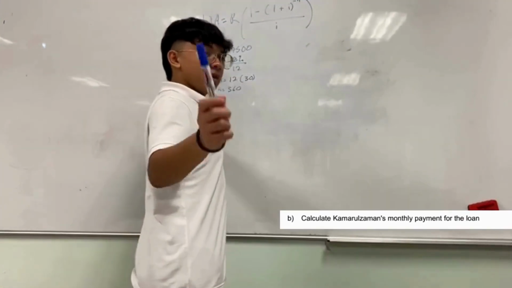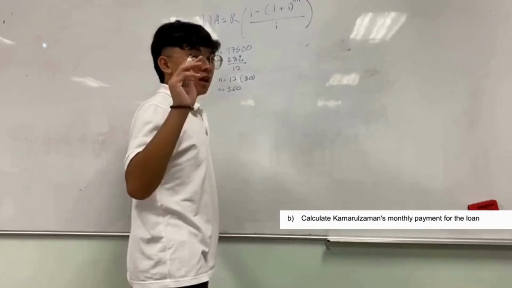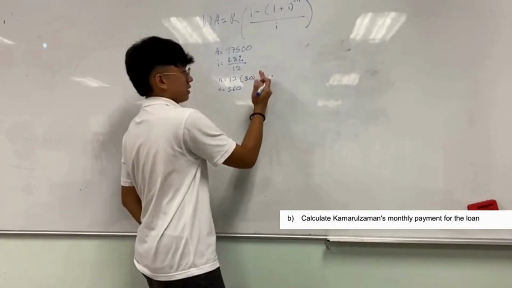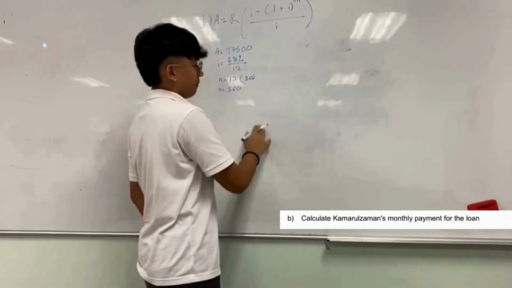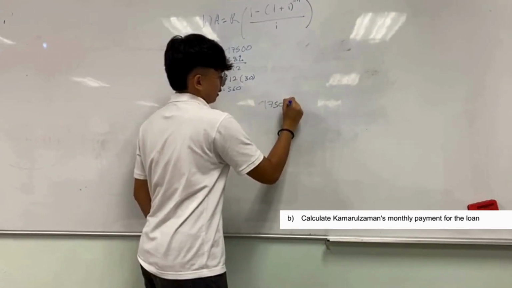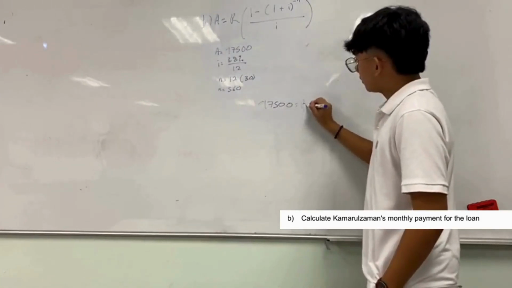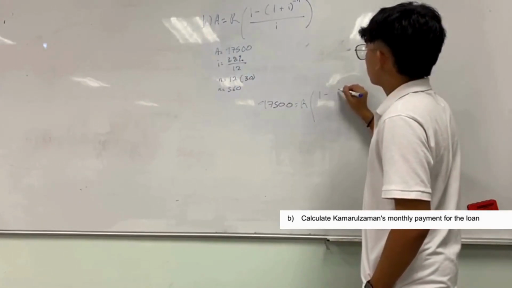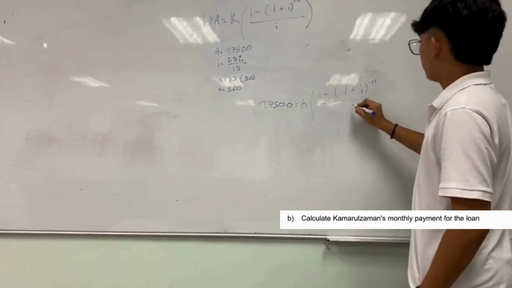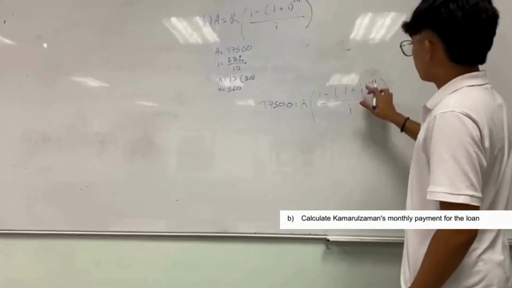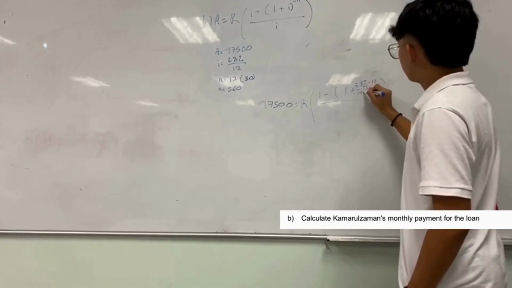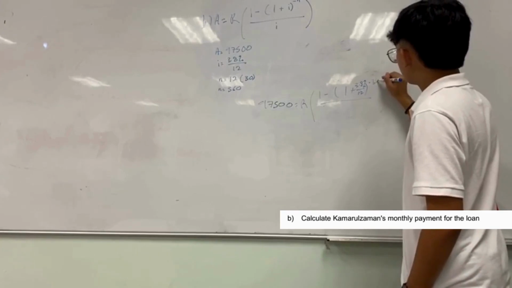Now we're going to find the money someone has to pay for the amount he borrowed from the bank. This is the information given, and this is what we got from the past question. So A is equal to 97,500, equal to the unknown R times 1 minus (1 plus I) to the power of negative n, over I. The I here will be 3.8% over 12 and the n will be 360.